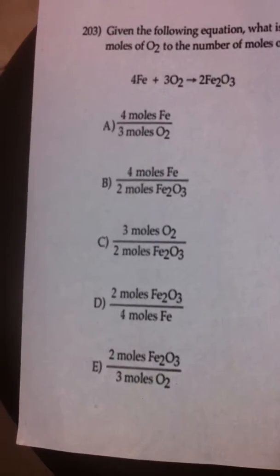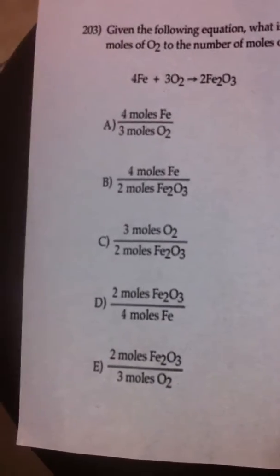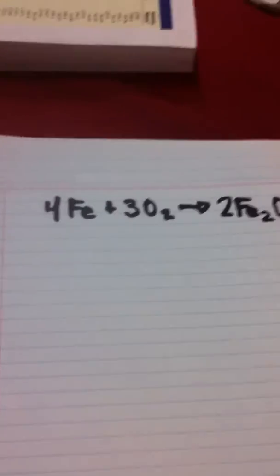Okay, so just take a look at them, and then I'll try to explain as much as possible the correct answer. Okay, so I have the solution right here, the same thing that we have over here in the other paper. Now, the first thing you always need to know is if the actual solution is balanced.